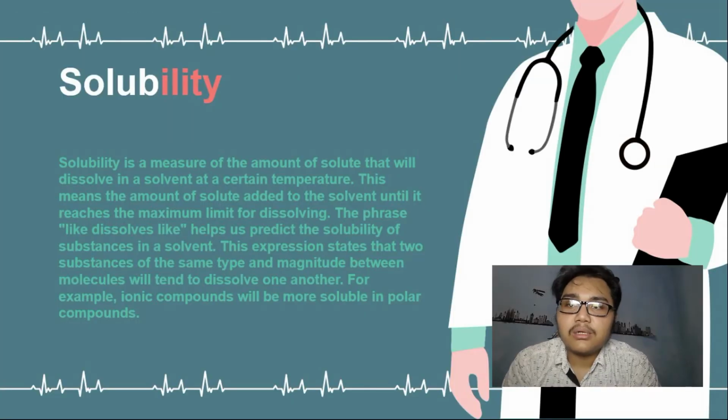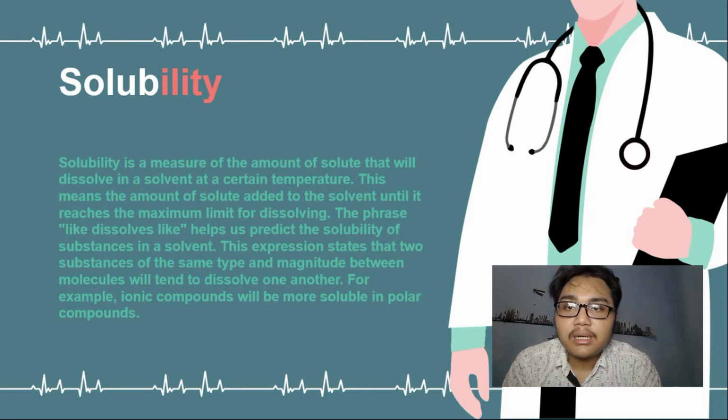The next, solubility. Solubility is a measure of the amount of solute that will dissolve in a solvent at a certain temperature. This means the amount of solute added to the solvent until it reaches the maximum limit for dissolving.